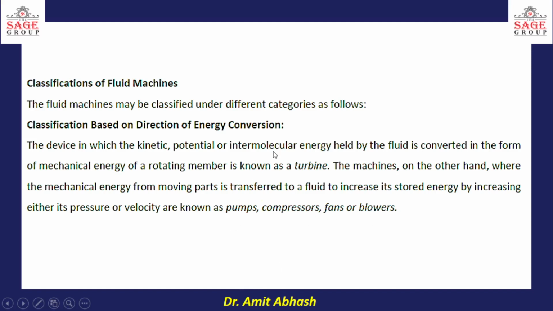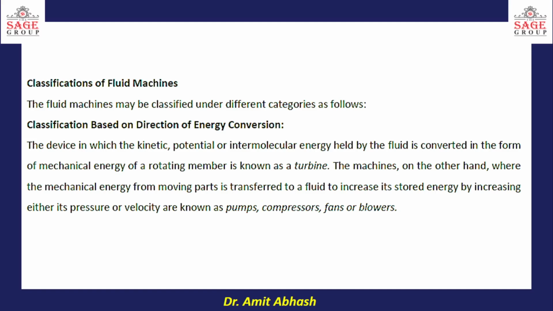We can also say it in a different manner: one is a work producing device and the other is a work consuming device. The pump, compressor, fan and blower consume energy to produce the motion of the fluid. On the other hand, the turbine consumes the kinetic energy or potential energy of the fluid to produce electricity.